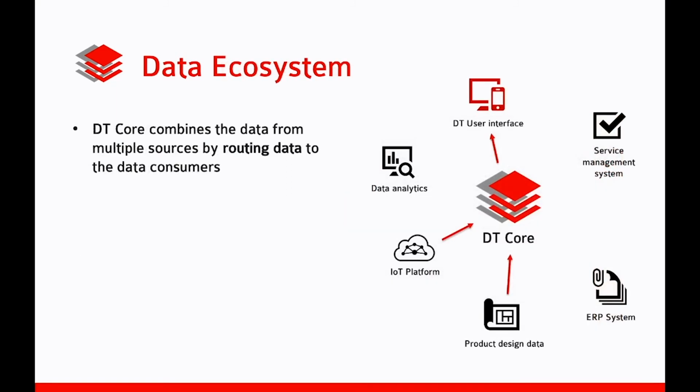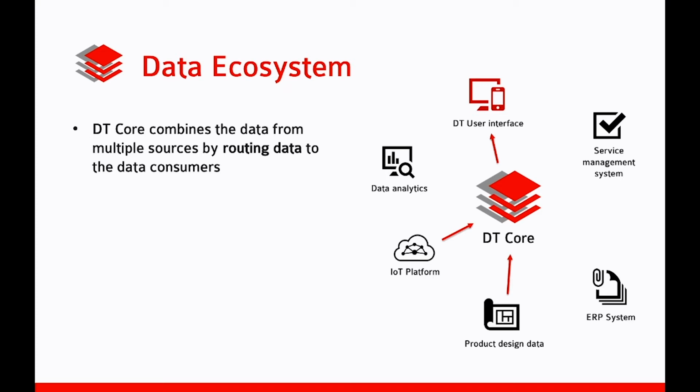So, having one DT core like this, we can use that to build a digital twin. And here I have an example of how we can connect an IoT platform that has probably some real-time usage data, and then we have some product design data from engineering.